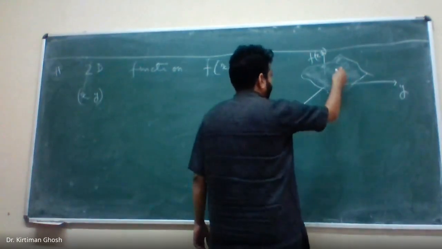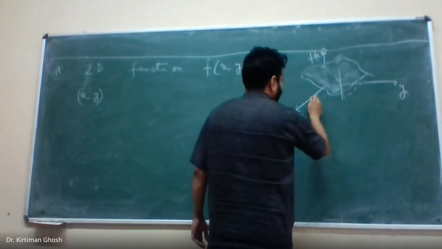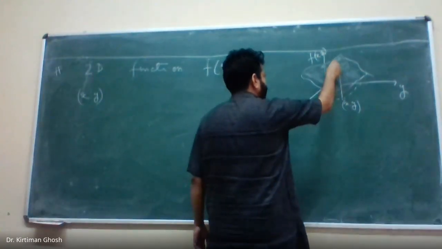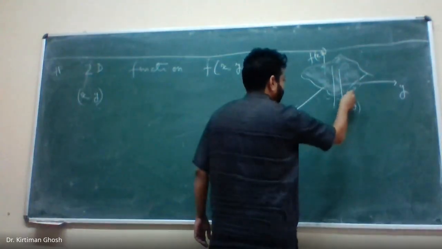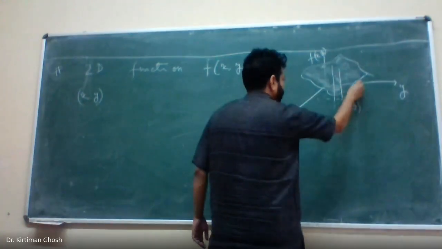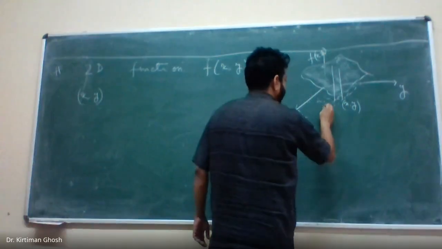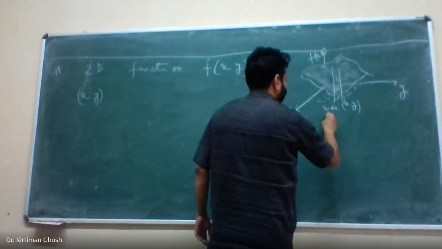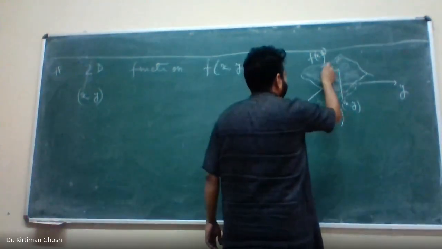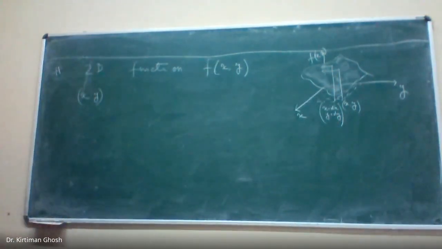Now I can ask the same question. Let us assume that I am at this point, which is quantified by the coordinates x and y. If I go infinitesimally away from this point to another point, whose coordinates are x plus dx and y plus dy, then what is the change df? So this is the question.